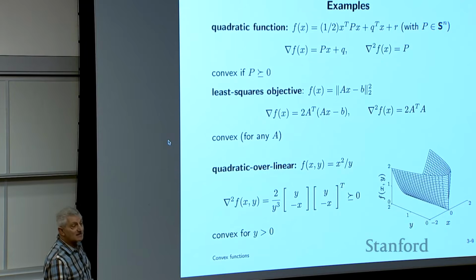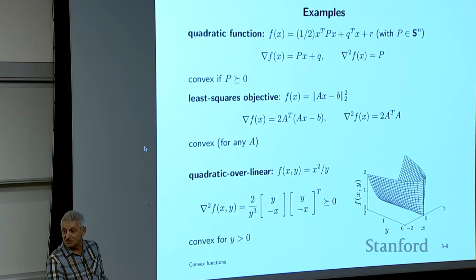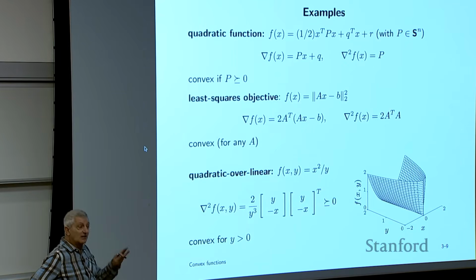By the way, if P is not symmetric, I can replace it with its symmetric part, which is (P plus P transpose) divided by 2, and now it's symmetric, and it doesn't change this function. So that's a quadratic form. If you add to a quadratic form a linear term and a constant, you get a quadratic function. This is the analog of (p over 2) x squared plus qx plus r in dimension 1.